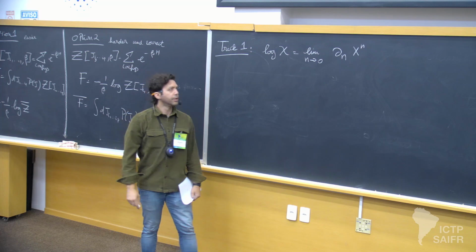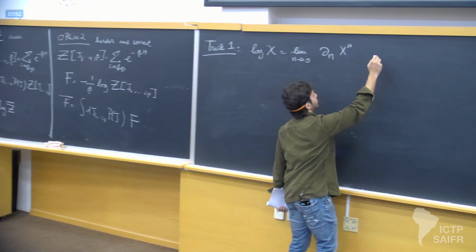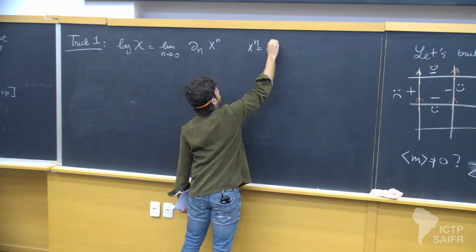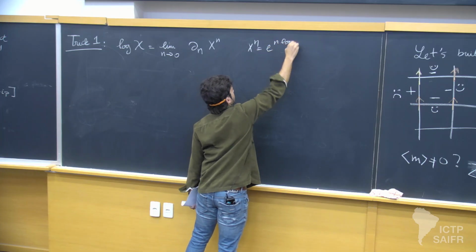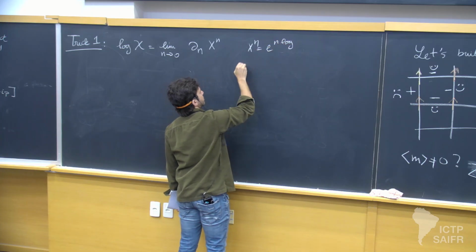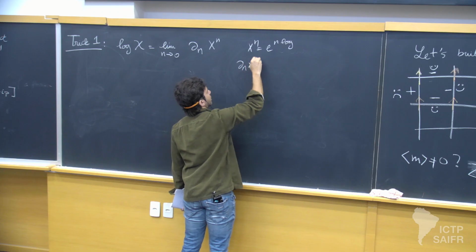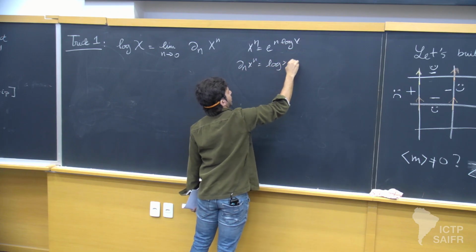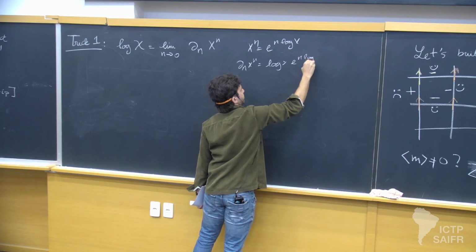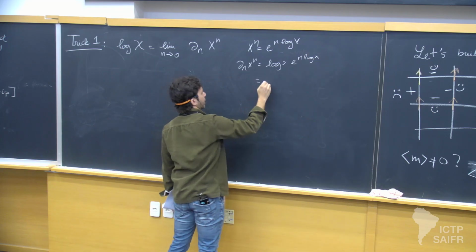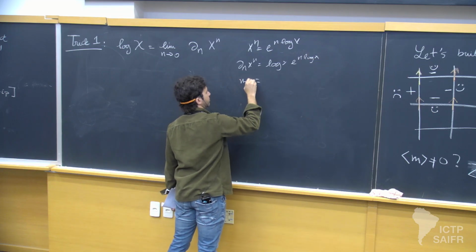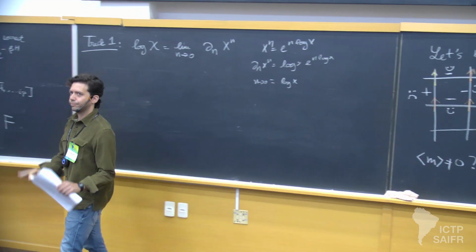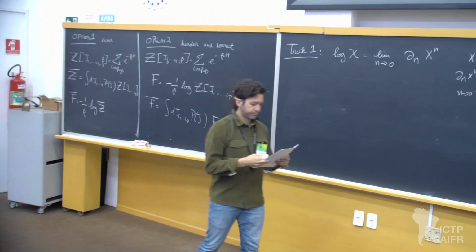No, it's easy to derive. So let's derive it. X to the n is the same as e to the n log x. I take a derivative with respect to n. So I get log x times e to the n log x. I take n to 0, I get log x. There's no magic.